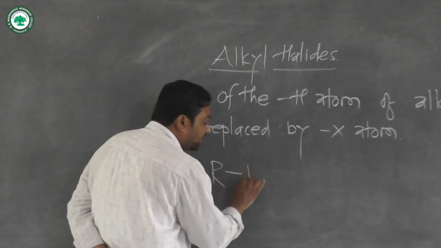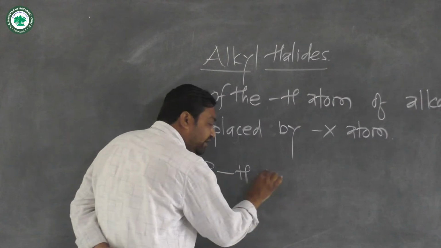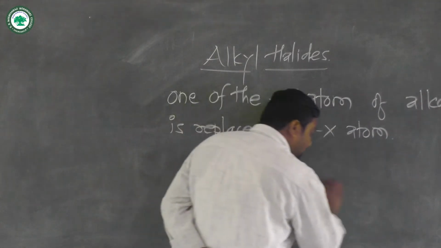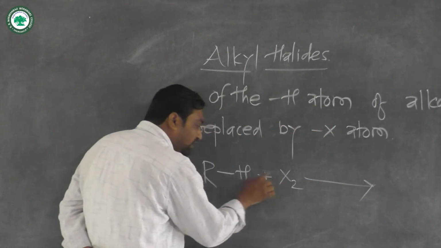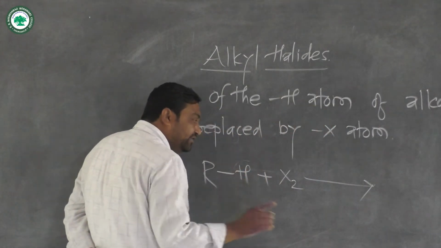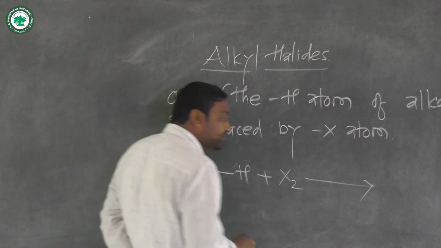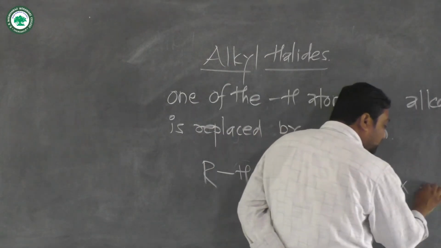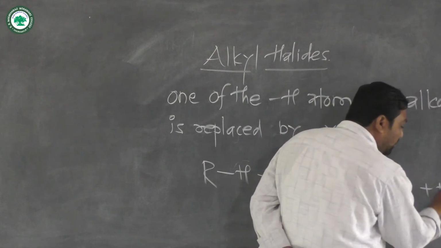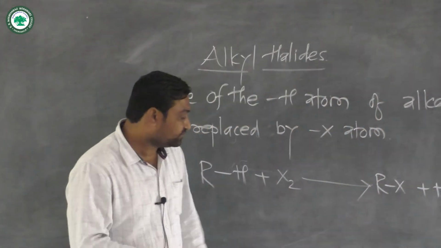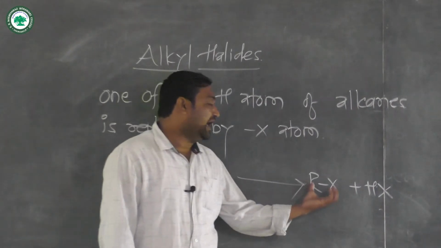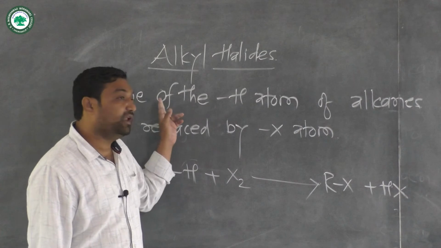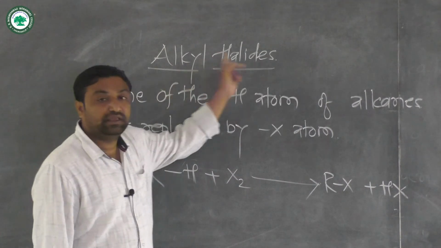This is the alkane. When it is treated with a halogen, one hydrogen atom from that alkane is replaced by one halogen atom to form RX as a product, with the formation of halo acid. This RX is nothing but the monohalogen derivative of alkane, that is our alkyl halide.